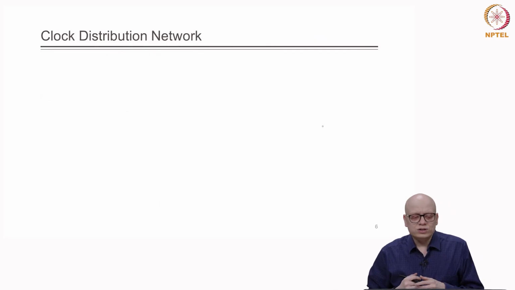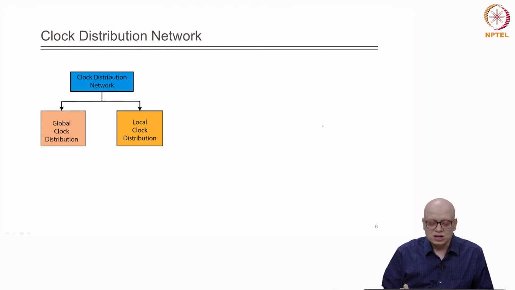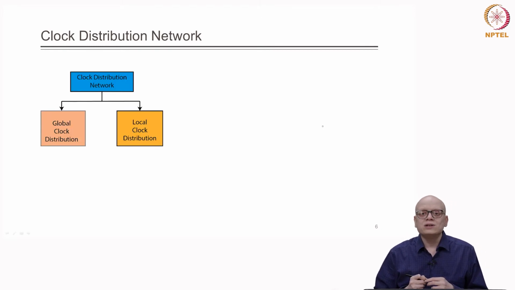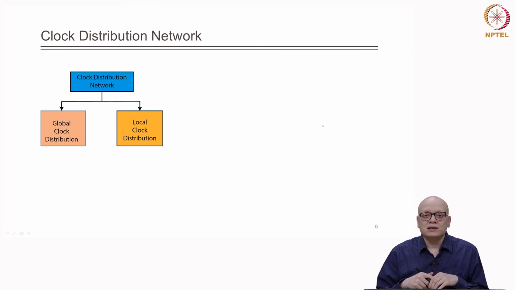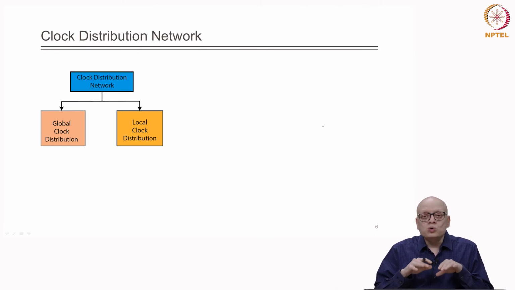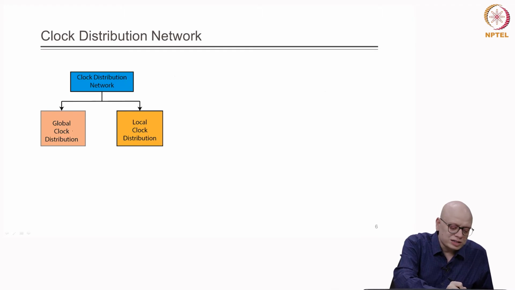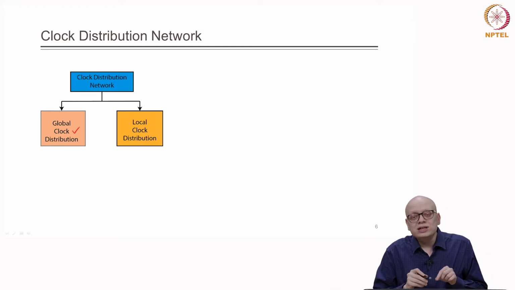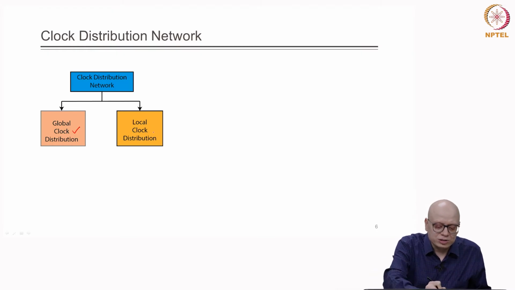Now, let us look into how clock distribution networks are created. We create the clock distribution network in two steps, or in two hierarchies. At the top we have what is known as the global clock distribution network, and using this global clock distribution network we drive the local clock distribution network.